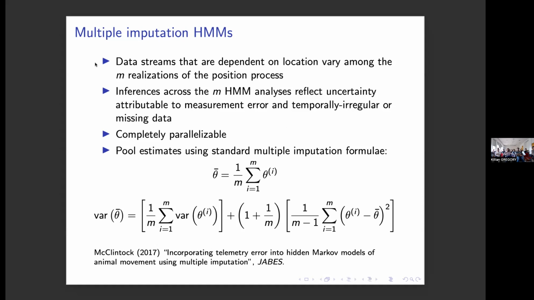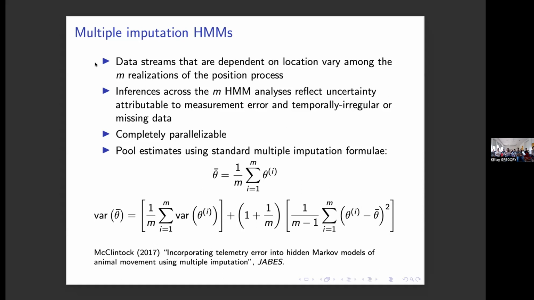That's what momentuHMM does when you fit the multiple imputations. It'll calculate the overall maximum likelihood estimates, so then you get things like confidence intervals and error bars, all that stuff.